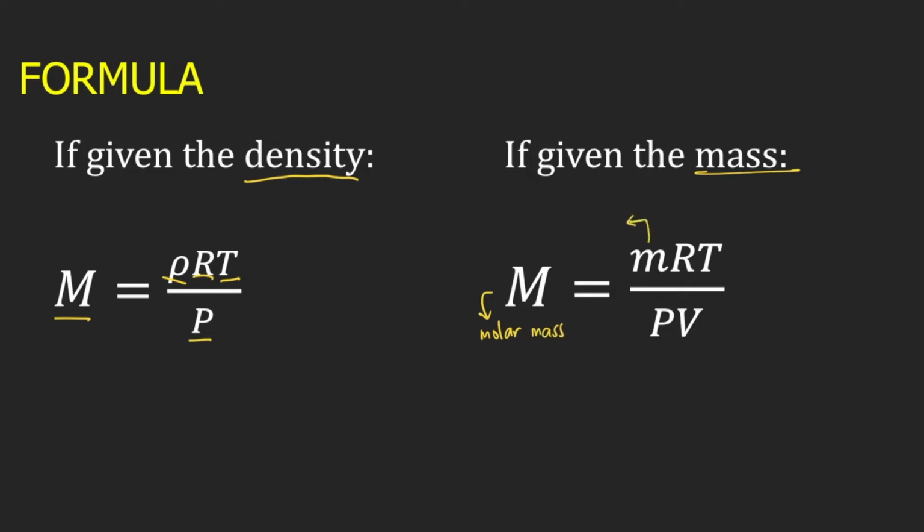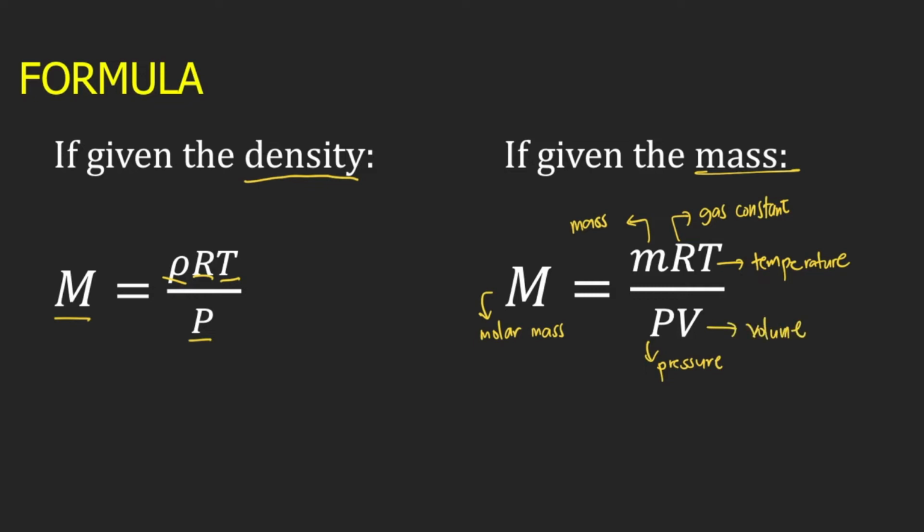Lowercase m is the mass. R is the gas constant. T is temperature. P is pressure. And V is volume.